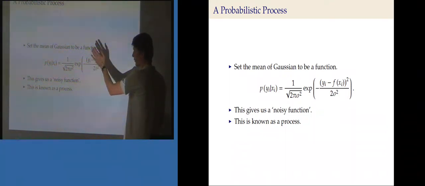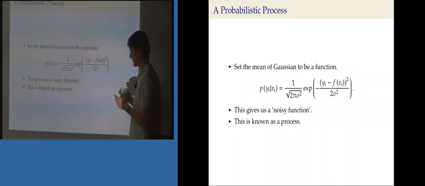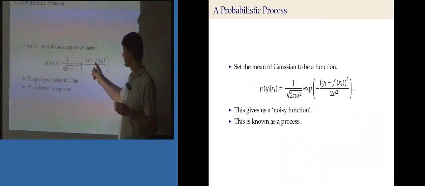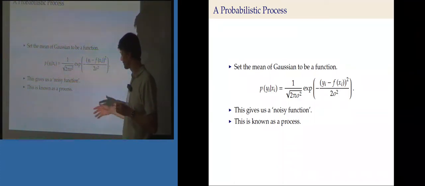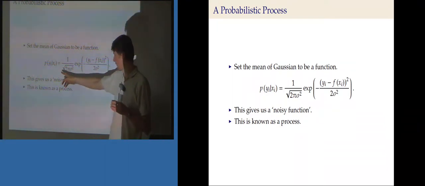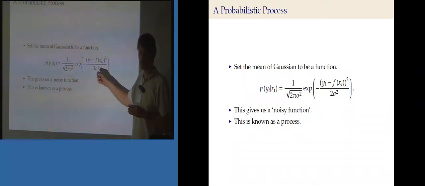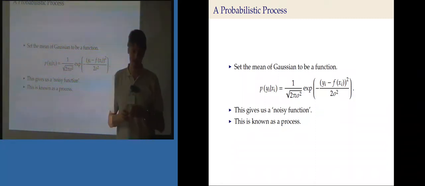So we're saying that f of x is mx plus c, and we set the mean to be that, and then we make our data predictions. For each data point, we say the mean of the Gaussian is given by the model, and then we sample either side of that with variance given by sigma squared.